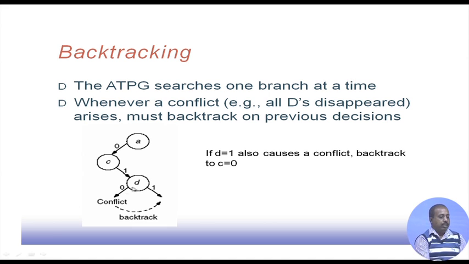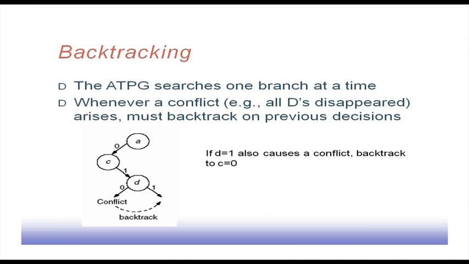As I was saying, suppose A equal to 0, C equal to 1 and D equal to 0. After coming to this point we may find that a conflict has occurred. A conflict means there is no more D present in the circuit; we can set that D to 0 or 1, and all D's have disappeared. All the input values got specified, and there are conflicting requirements for different paths for the excitation and propagation of this fault to the output.